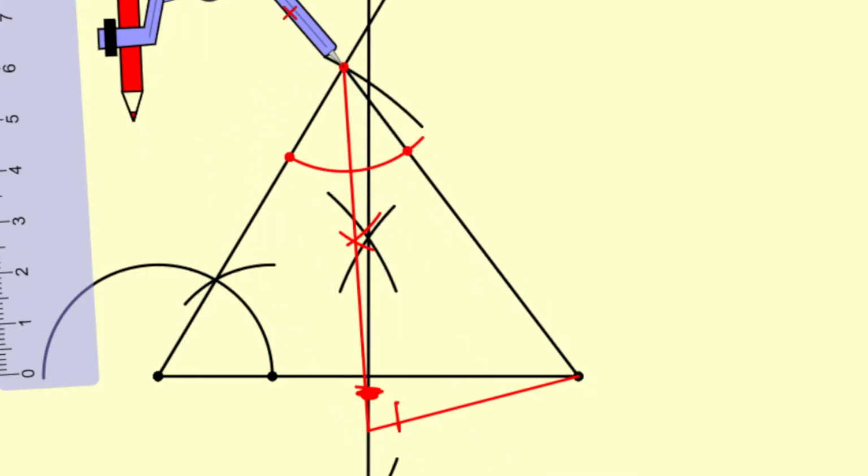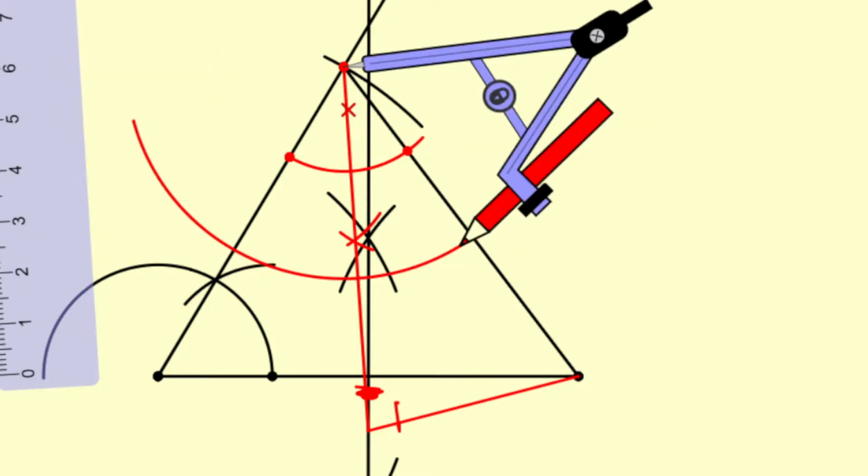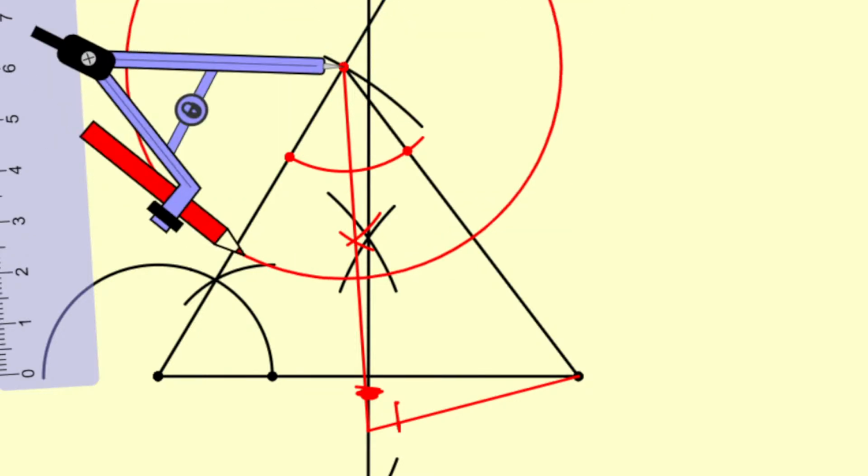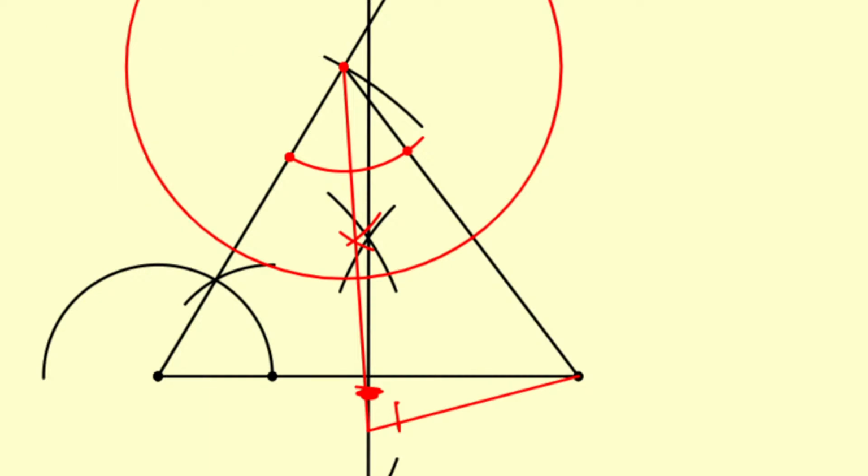Now with A as center and with this radius we can draw the circle. So our construction is completed. With A as center and radius equal to CP, you have to draw the circle, and the steps of construction you can write in your own words.